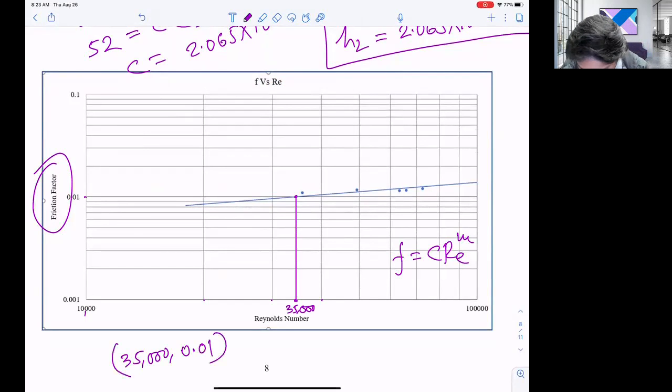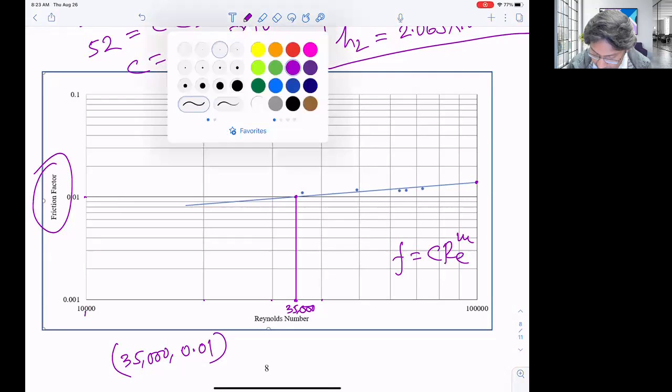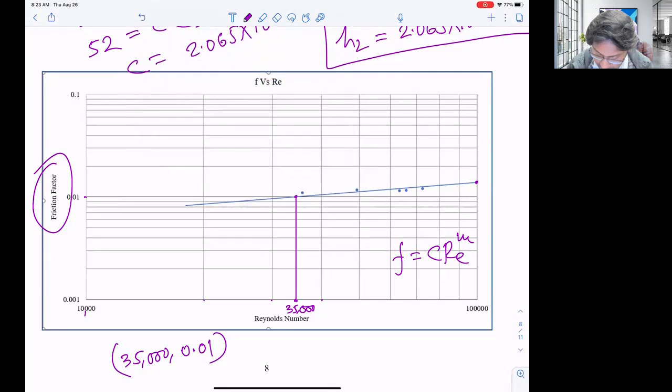We need another point. That is pretty difficult if you don't have any point on the line. Okay, let me use that point. Maybe that will give you that value, but let me make sure that it's going to happen that way.